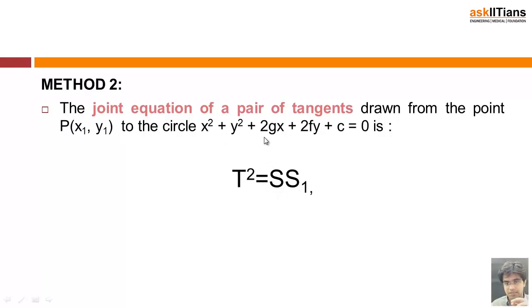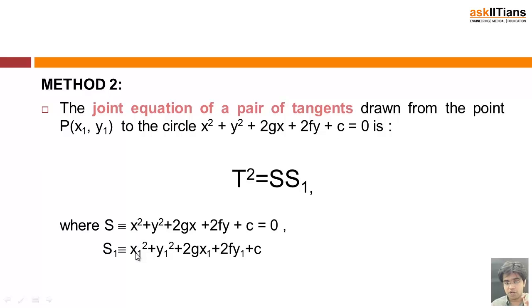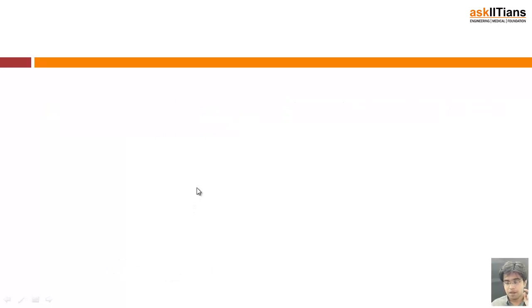We know S and T from the general notation, and S1 is what you get when you put the point in the circle's equation. Now you know the joint equation of tangents.